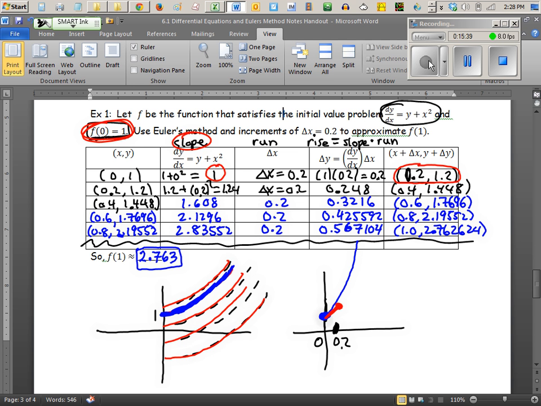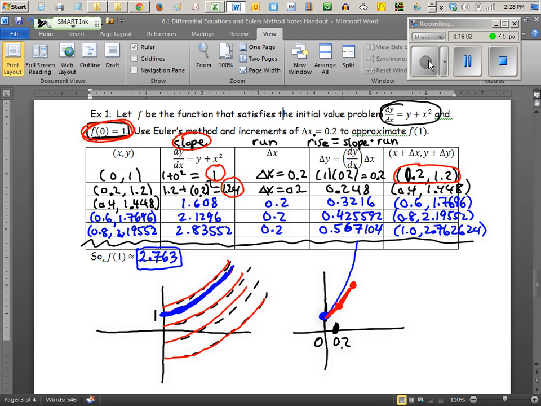Okay, and then from this point, 0.2, 1.2, we constructed another tangent line piggybacking off of that, like this. This one's a little steeper. This one actually has a slope of 1.24, see? So I'm exaggerating a bit, but let's just draw it as a little steeper. Basically, you're using run times slope to get your rise.